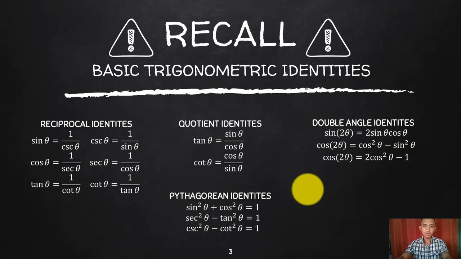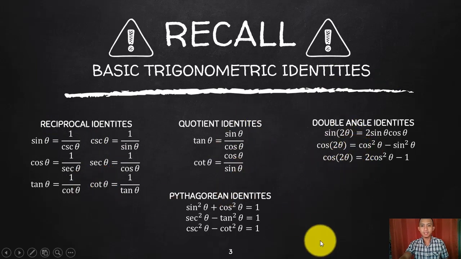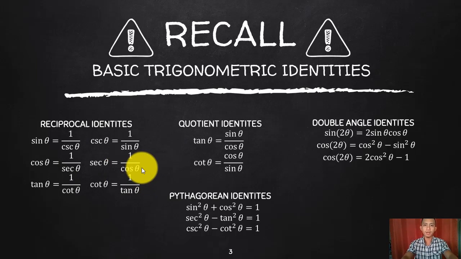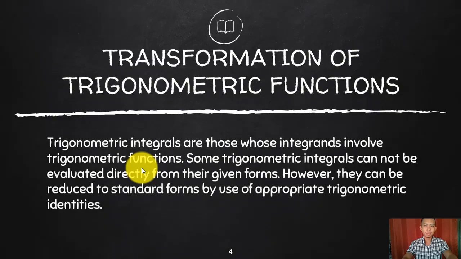Recall again your basic trigonometric identities: your reciprocal identities, quotient identities, double angle identities, and Pythagorean identities. You will make use of these identities to transform your equations into the desired form before we apply the said formulas.